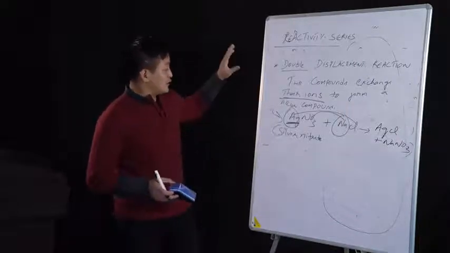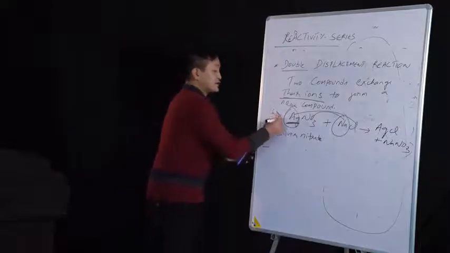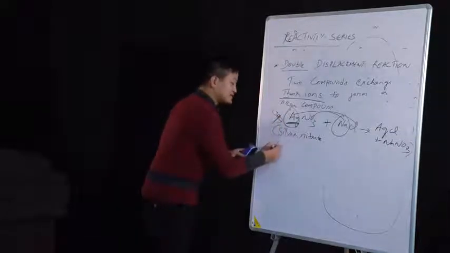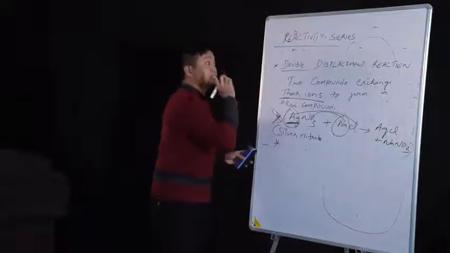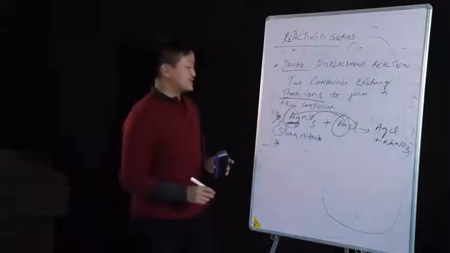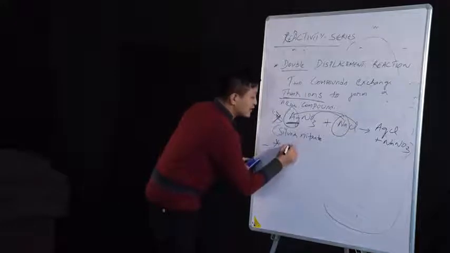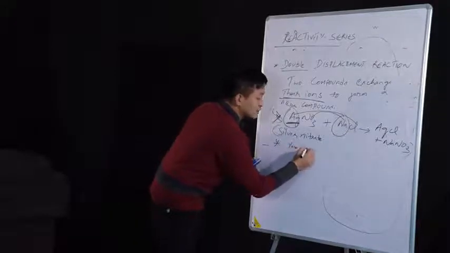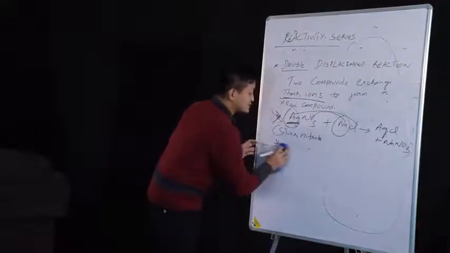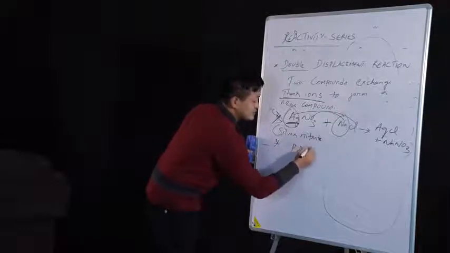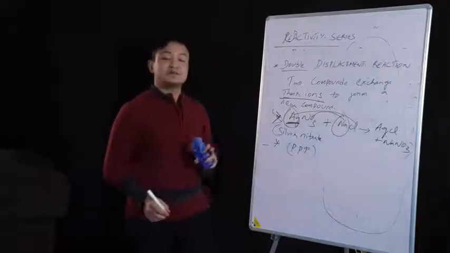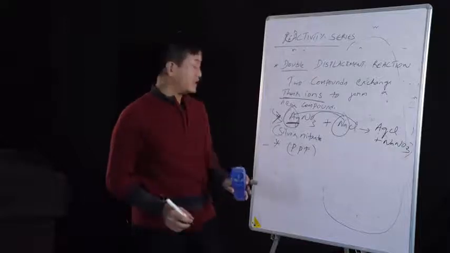Now the first reaction is over, but the second condition that you have to remember for this double displacement reaction is, you will get a PPT. What is PPT? PPT is a precipitation, okay?